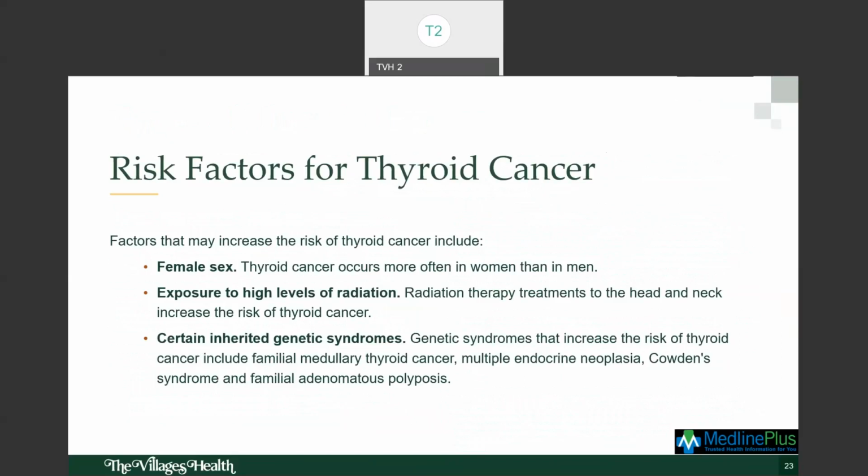There are a few risk factors for thyroid cancer. Again, females, it's more common in women than in men, and that's with all of the thyroid conditions that we've discussed. High levels of radiation, so some exposure to the head and neck, puts you at a higher risk for getting thyroid cancer.